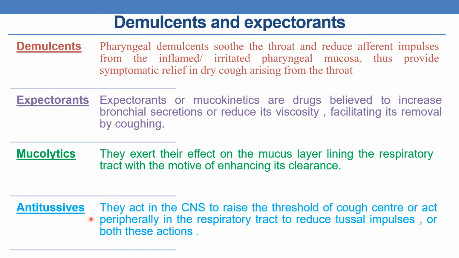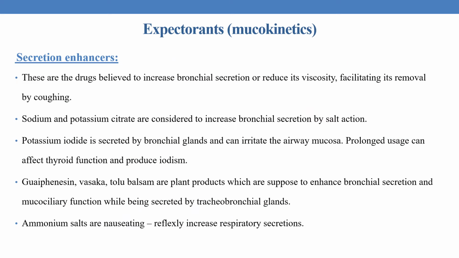When it comes to antitussives, they act in the CNS to raise the threshold of cough center or act peripherally in the respiratory tract to reduce the tussal impulses, or both these actions. Coming to expectorants or mucokinetics. As we have discussed earlier, they are considered as secretion enhancers.